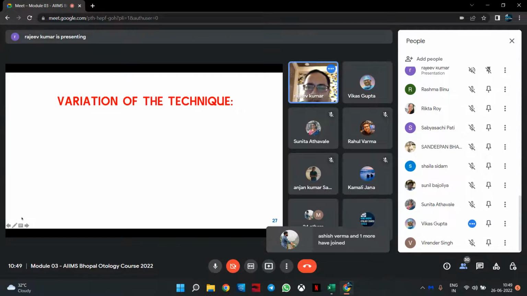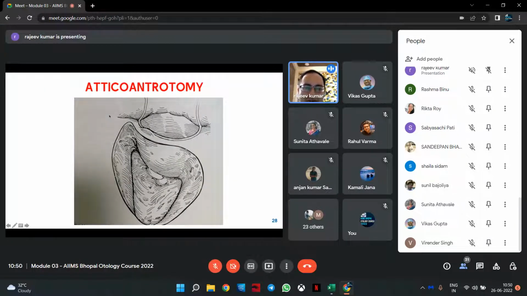So there are a few variations to the canal wall up technique. One of the variations is atticoantrotomy. The disease is limited only to the attic and a part of the antrum. You don't have to drill out much. You simply do a cortical mastoidectomy, defining the tegmen only, identifying your antrum and lateral canal, and going forward toward the zygomatic process by drilling the anterior superior area.